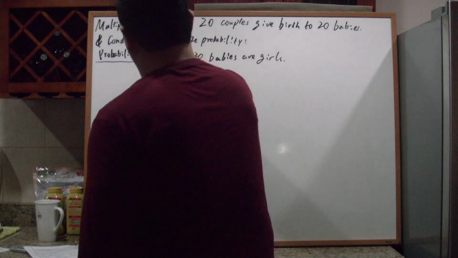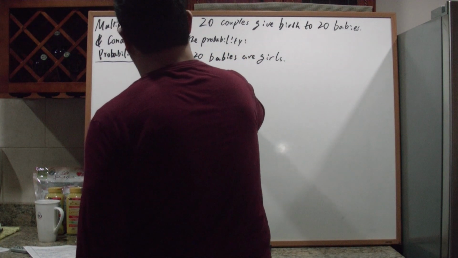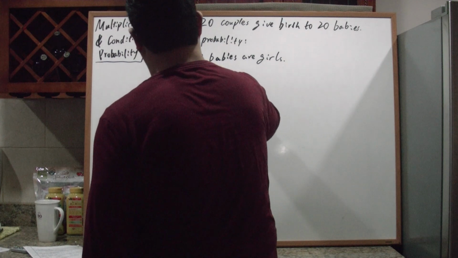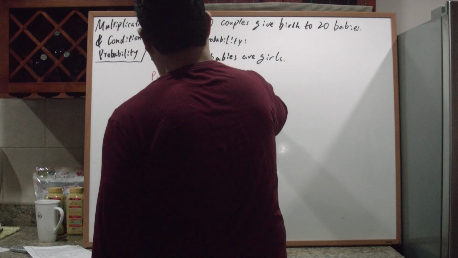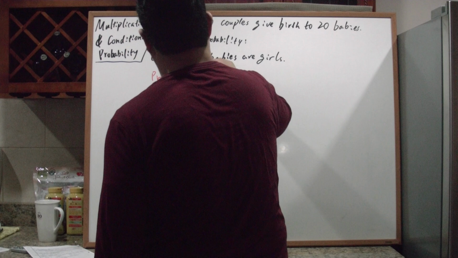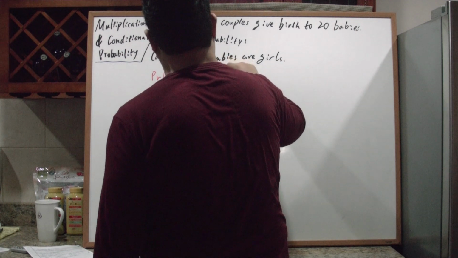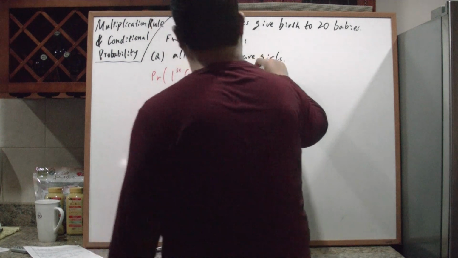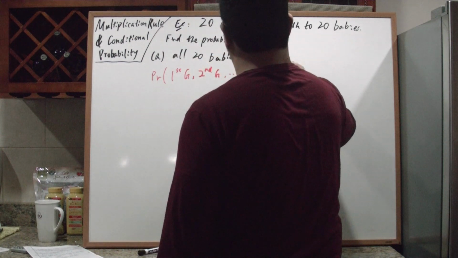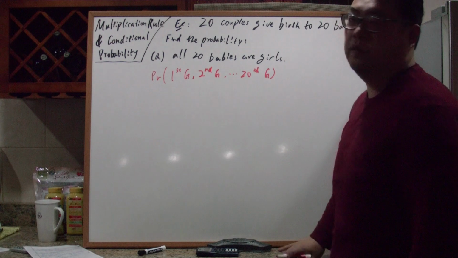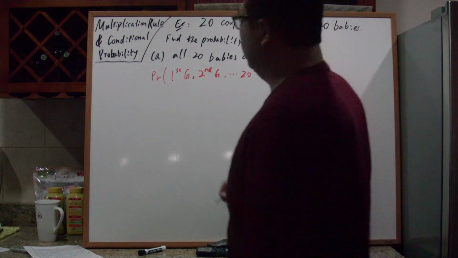All 20 babies are girls. That means the probability of the first is a girl, the second is a girl, all the way to the 20th is a girl.